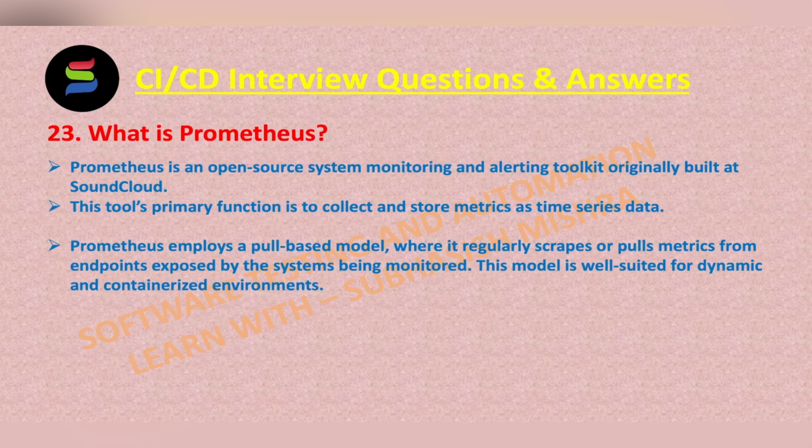Prometheus employs a pull-based model where it regularly scrapes or pulls metrics from endpoints exposed by the system being monitored. This model is well suited for dynamic and containerized environments. Prometheus query language, or PromQL, is a powerful query language that allows users to retrieve and analyze metric data. It supports various aggregation functions, filtering and mathematical operations.